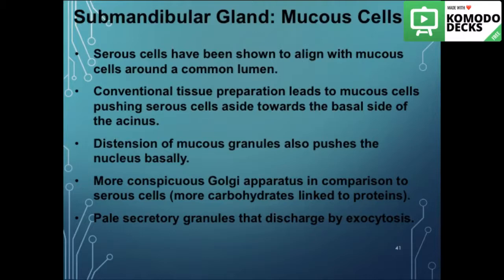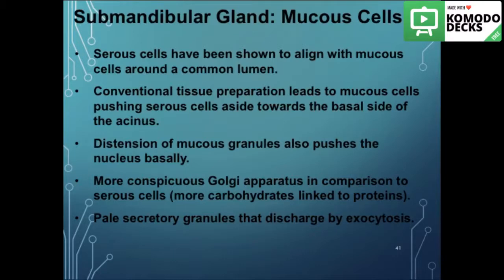The distension of the mucus granules also pushes the nucleus basally. That's why it's more basally located compared to the serous cells. These cells have limited organelles except for the Golgi apparatus or the Golgi complex.